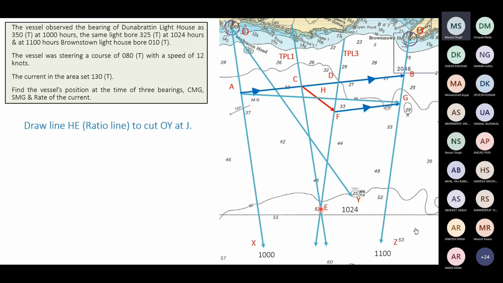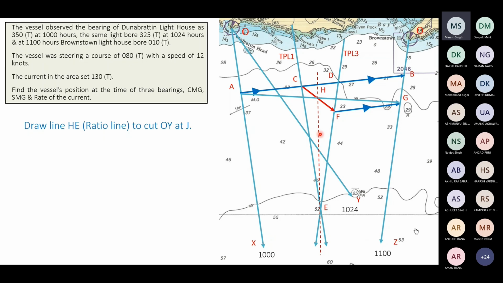So now we are going to join the H point with this intersection point E. You can see this dotted line marked on the chart, which is joining the H point with the E point. Now this dotted line, HE, Hotel Echo line, is also known as a ratio line.